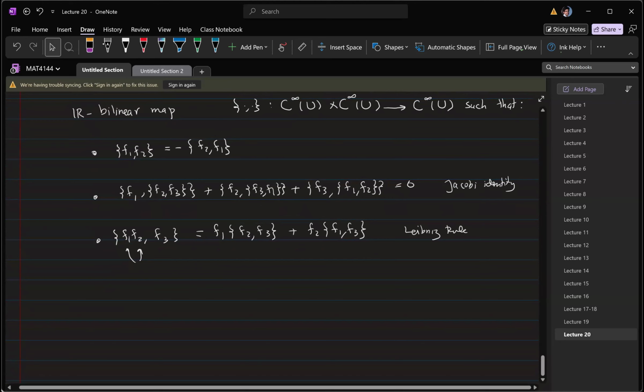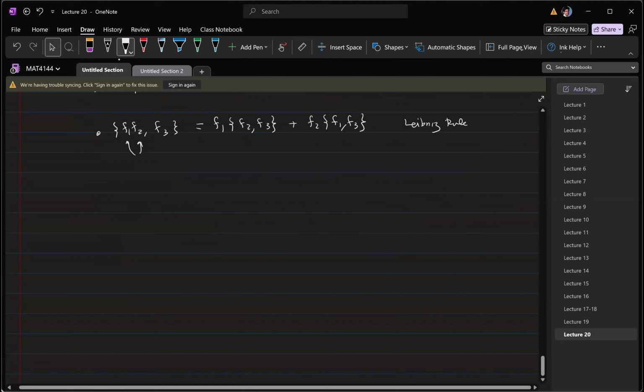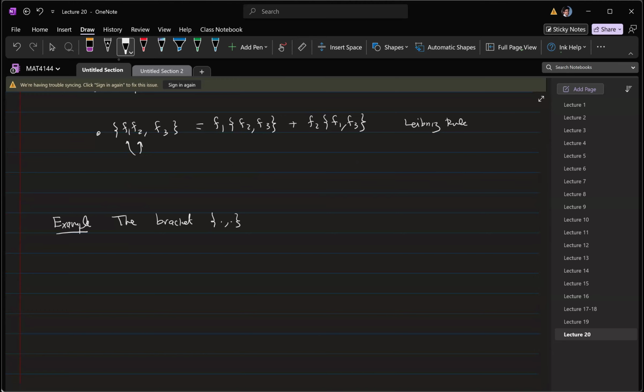Now, here is another way to get a Poisson bracket. So you just saw, maybe I should say one example. Example one, of the bracket. Maybe I just write this formula explicitly.